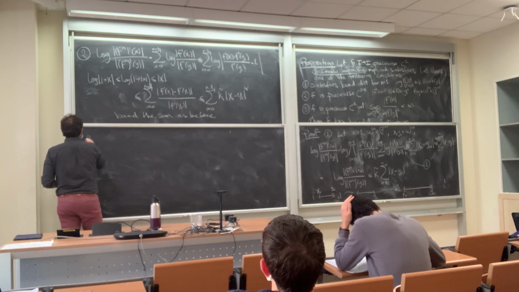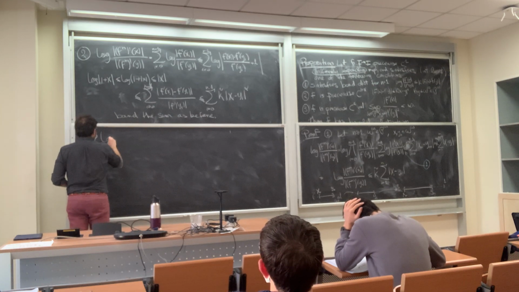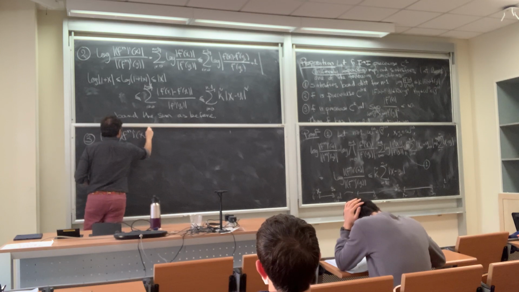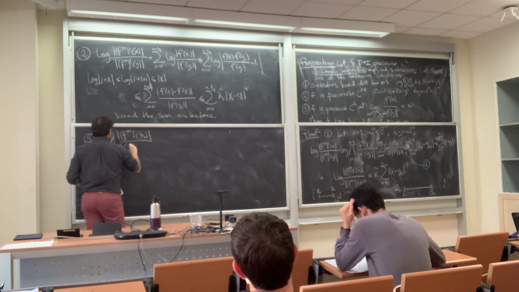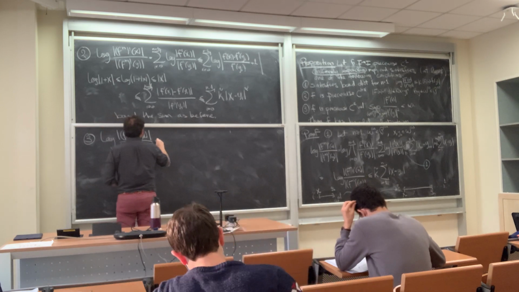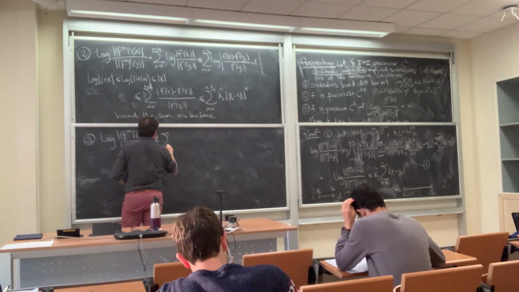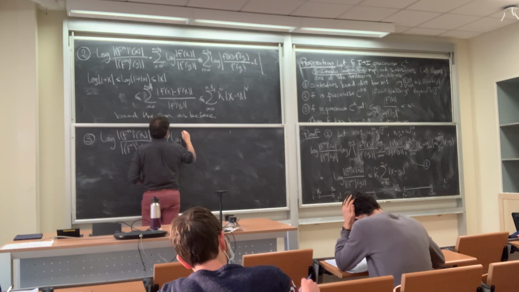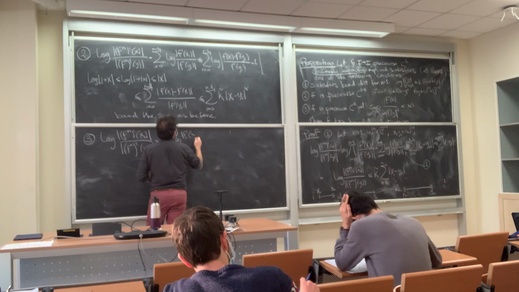We start by writing Fn of x over Fn of y naught, which is equal to the sum, i equals 0 to n minus 1, of the log of f prime.